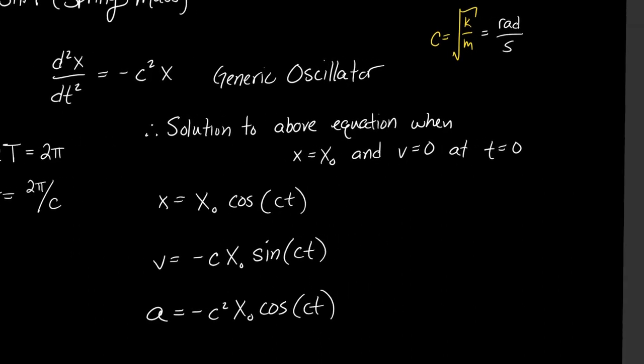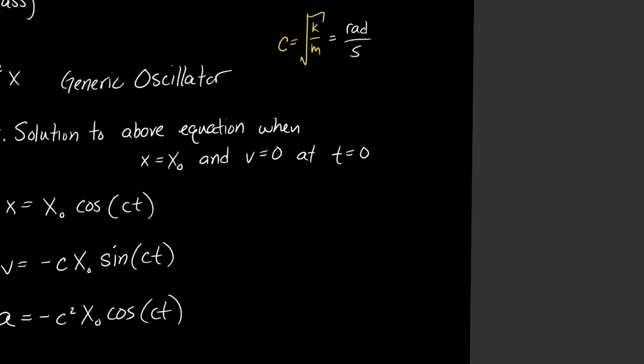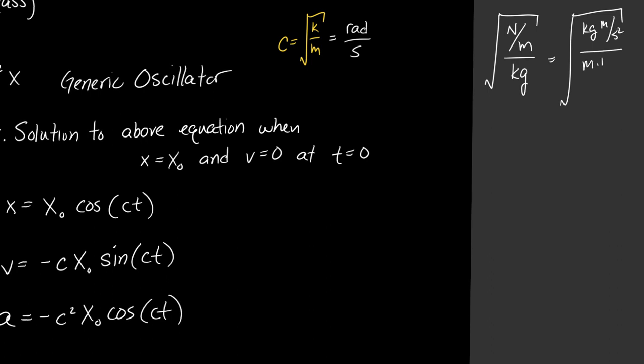Now, if you don't believe me, let's prove it. K is the spring constant. It's in newtons per meter. M is in kilograms, because it's the mass. A newton is a kilogram meter per second squared, all divided by meters times kilograms.